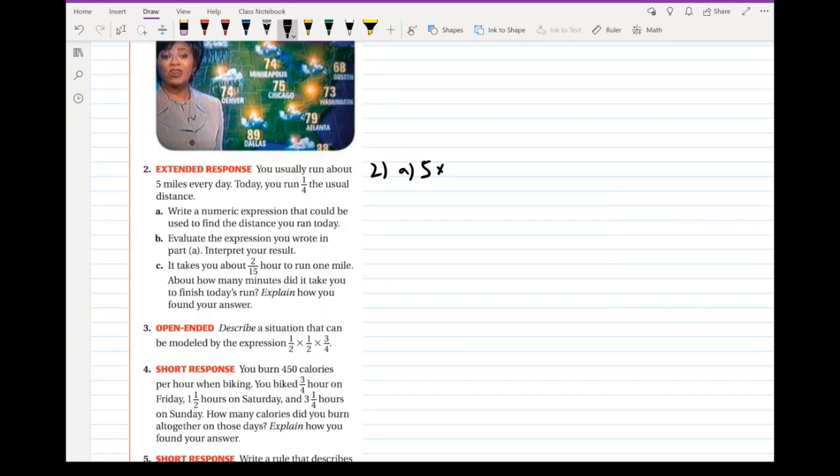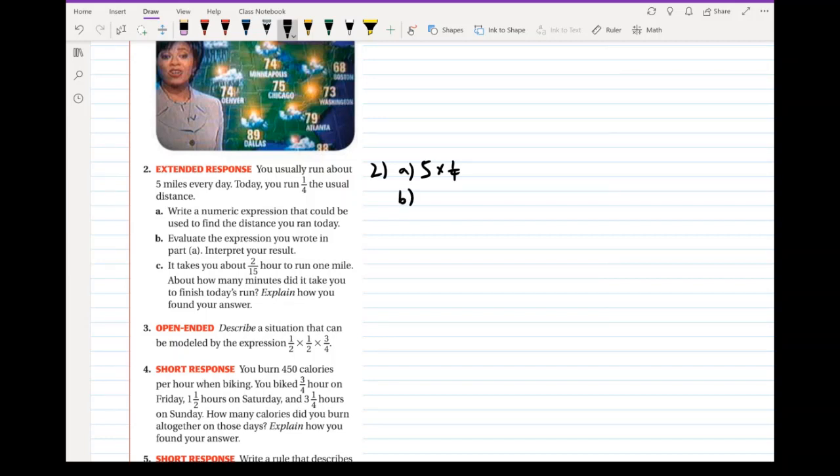So today you ran 5 miles times the 1/4 that you ran, and so that will be equal to 5/4, and then turn that into a mixed number that will be 1 1/4 mile. That's part A. It's just write it down.